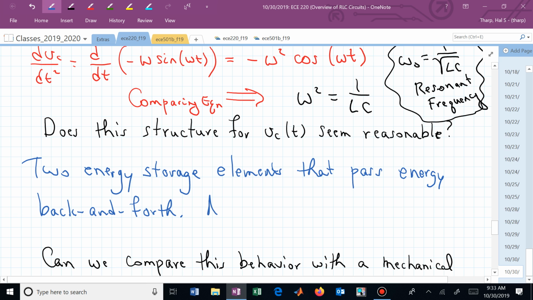And what else? Well, we don't have a resistor in that tank, so there's no dissipation of energy.